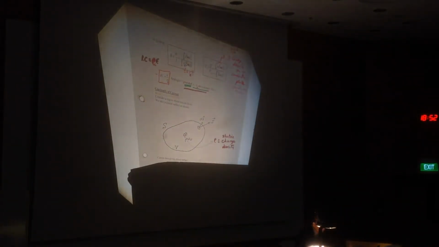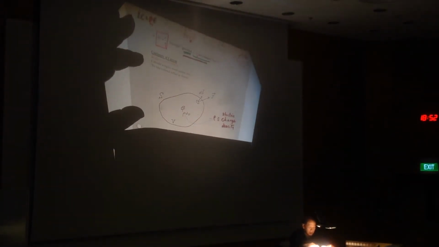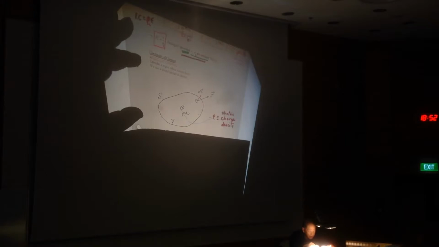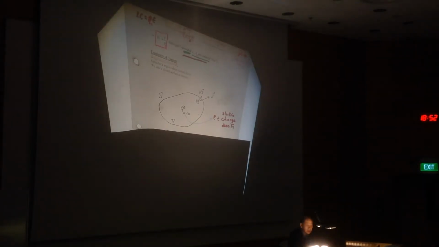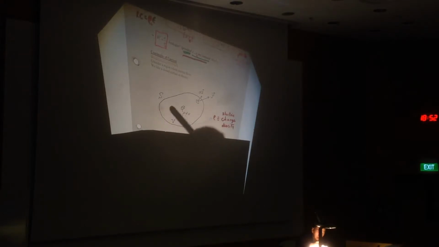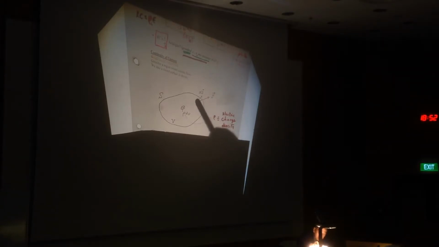Okay, let's go on. So now let's look at the continuity of current. So remember, a current is a flow of charges. In the more general case, say you have a region where some current is flowing. If the current density is J, ampere per meter square, and a small element ds, then J dot ds is the current that flows out of here.